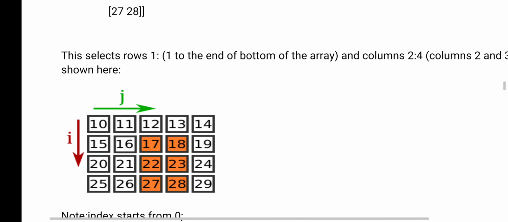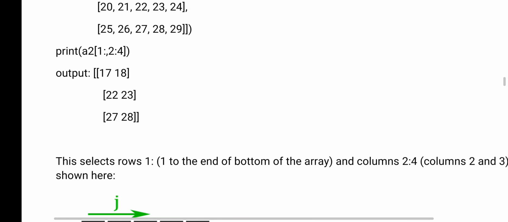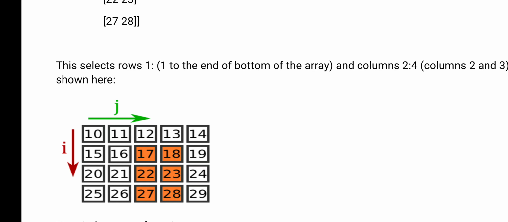See here, in the print statement I have given 1 colon comma 2 colon 4, no? The 1 colon selects from the first row to the bottom end of the array, because ending I have not given. See, after the 1 colon is there, but the ending row I have not given.